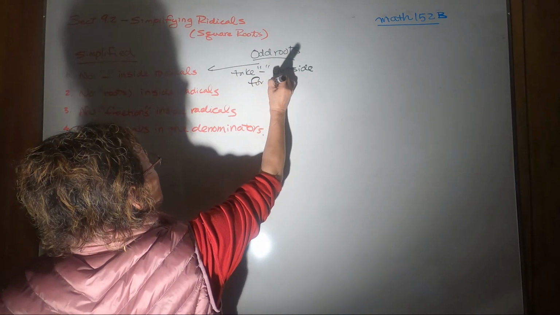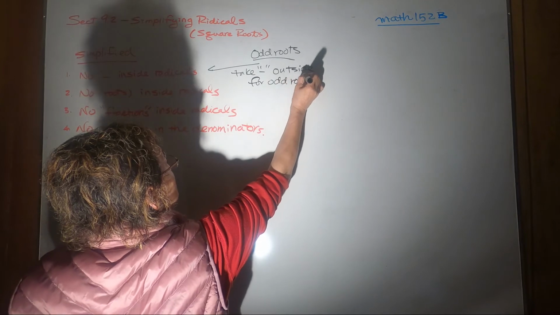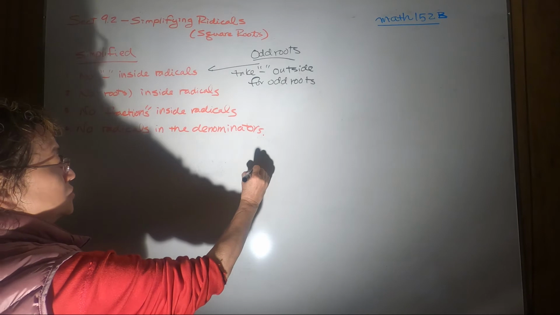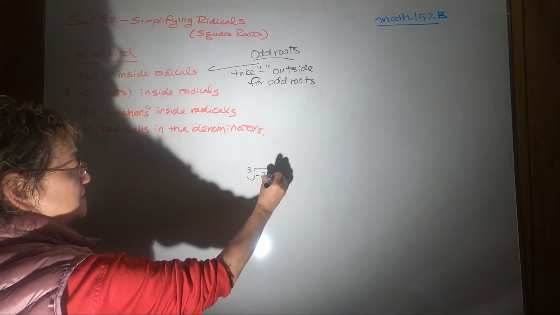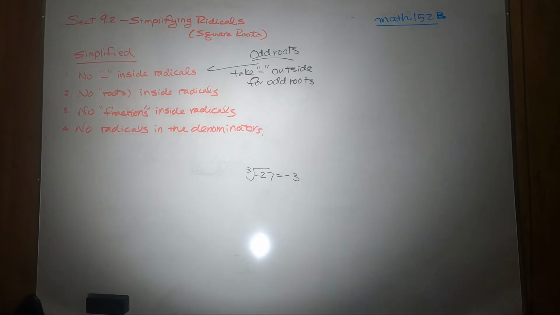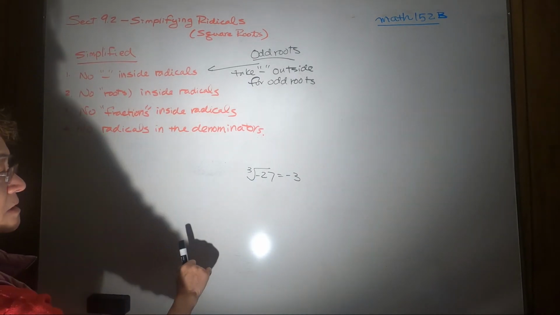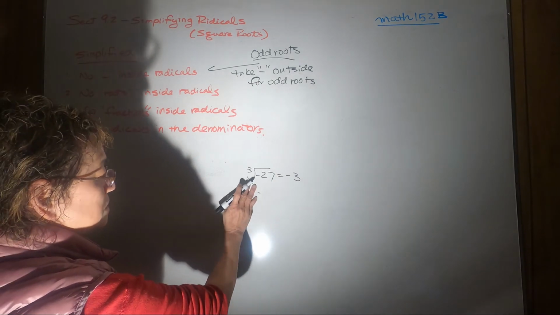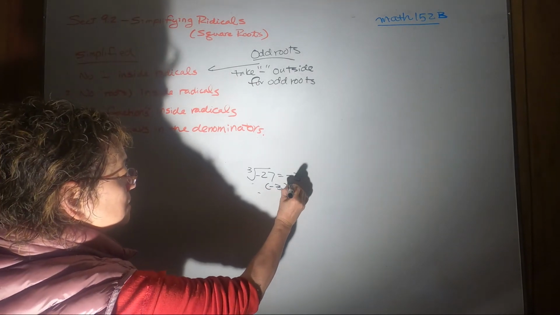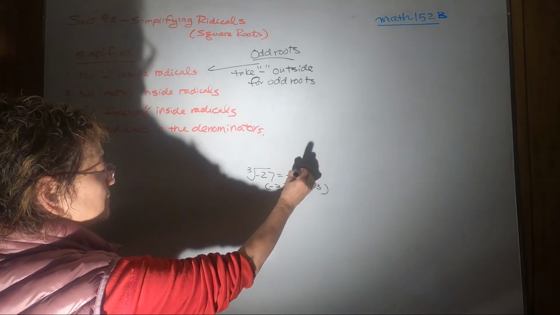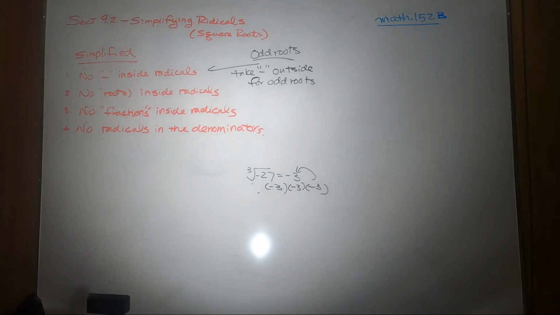So if it's the cube root of negative 27, we know it's negative 3, right? Because negative 3 times negative 3 times negative 3 is negative 27. You can look at the negative 3 three times. So that's why you have this.